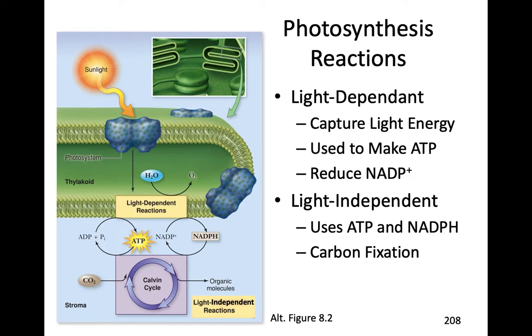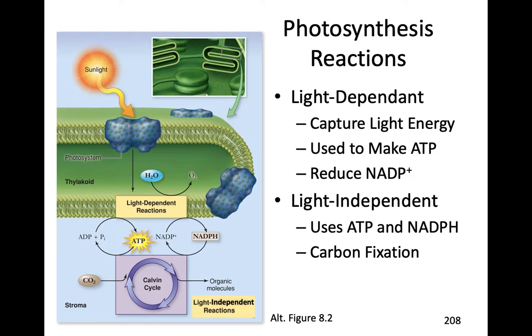Now let's talk about the light-independent or the dark reactions. These don't have to occur in the dark, but they just don't directly require the presence of light for these reactions to occur. In these reactions, the main part is the Calvin cycle, and the ATP and the NADPH formed in the light reactions will be used by the cell in the process of carbon fixation.